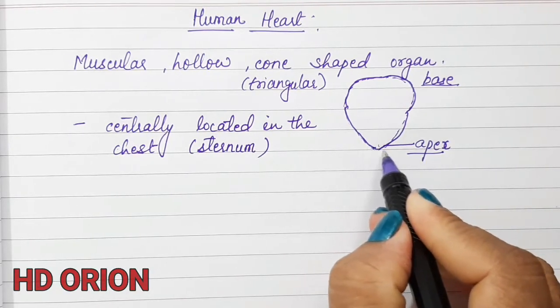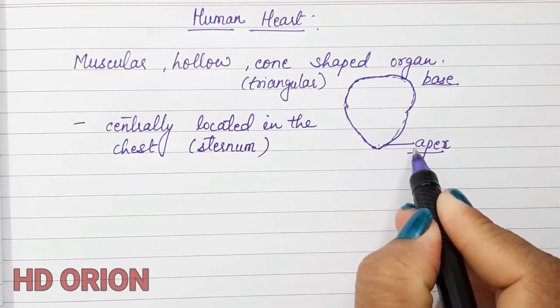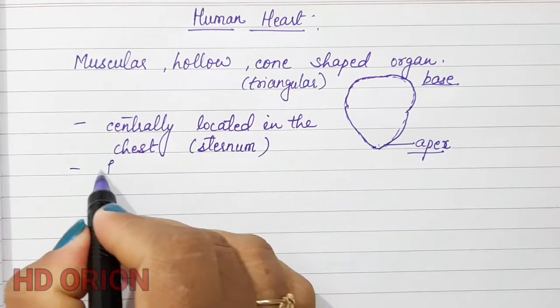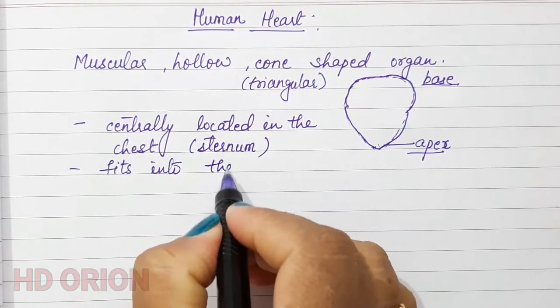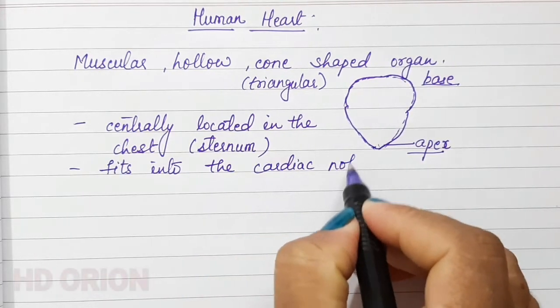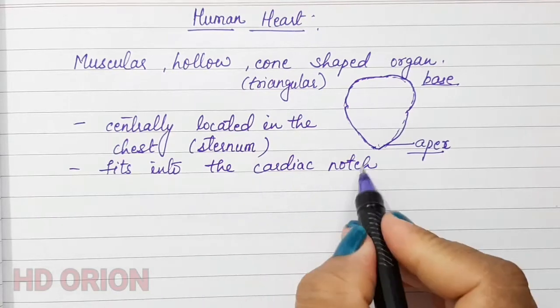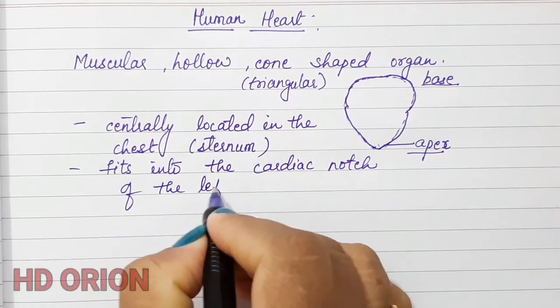So the apex which is pointed is tilted towards the left side, and it fits into the cardiac notch of the lungs. There are two lungs and the left lung has this cardiac notch. So, the cardiac notch of the left lung.